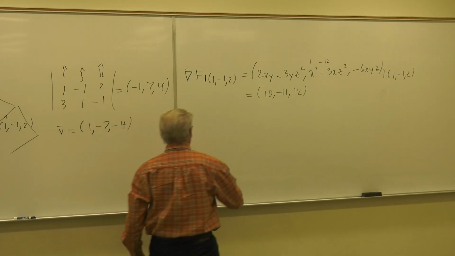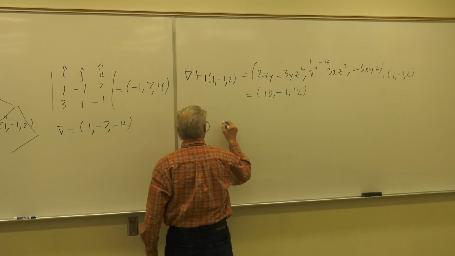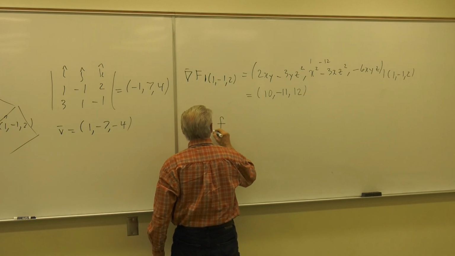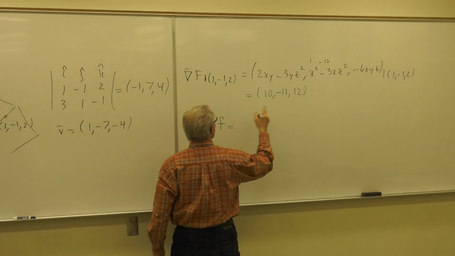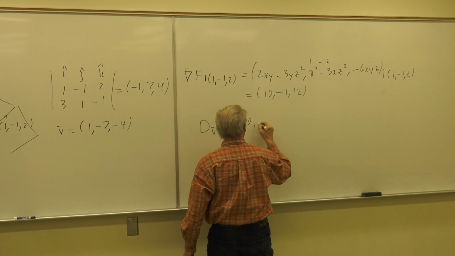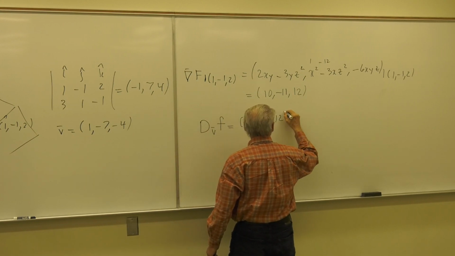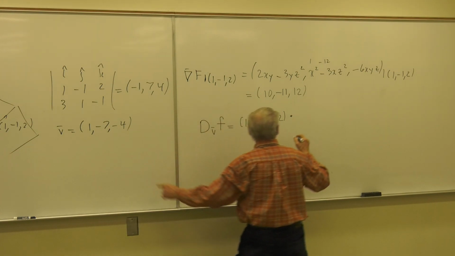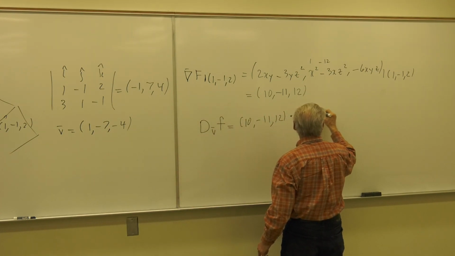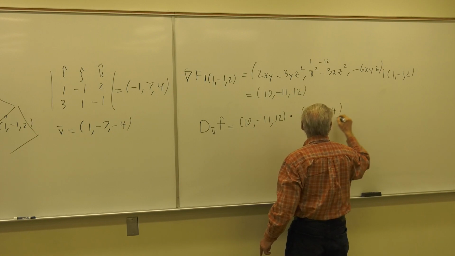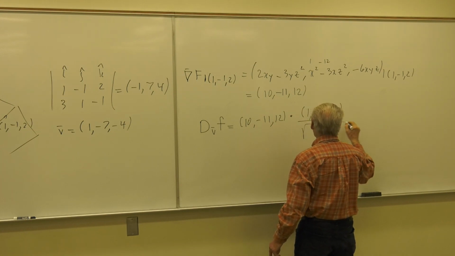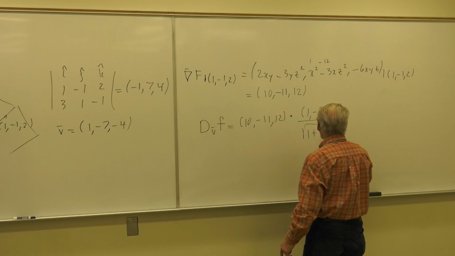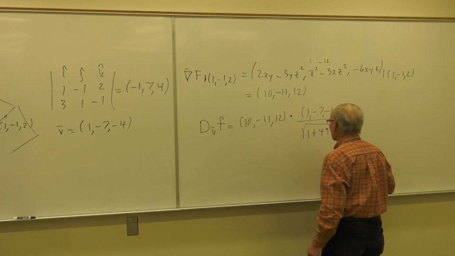So now we can say the directional derivative of the function in the direction of v is this gradient (10, -11, 12) dotted with a unit vector in this direction. We get a unit vector by taking that vector and dividing by its length, the square root of 1 plus 49 plus 16.